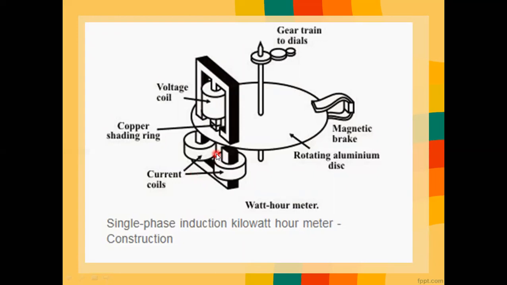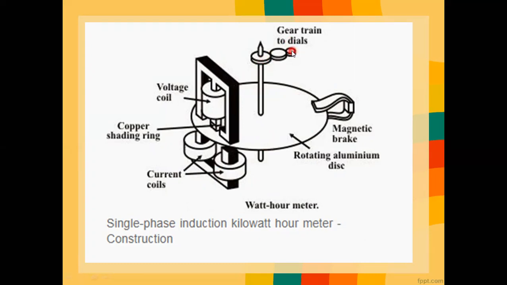So they carry the load current, hence the flux produced is proportional to the load current and also in phase with the load current. And this is the moving system which we were discussing, the rotating aluminum disc. It was supported by steel alloy shaft, and we have pivot here, and we have a pinion here for gear trains to dials.